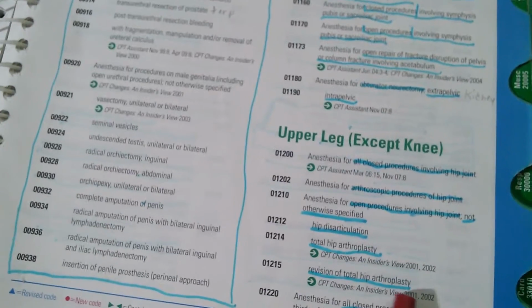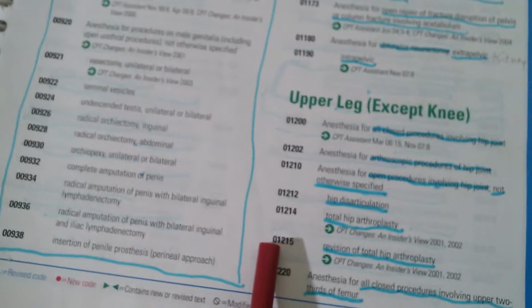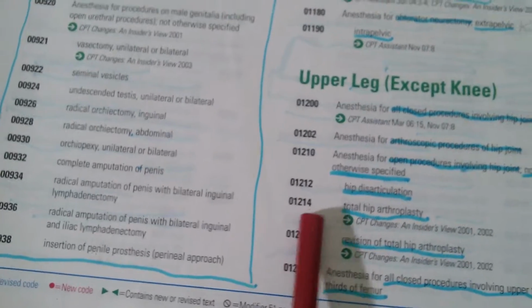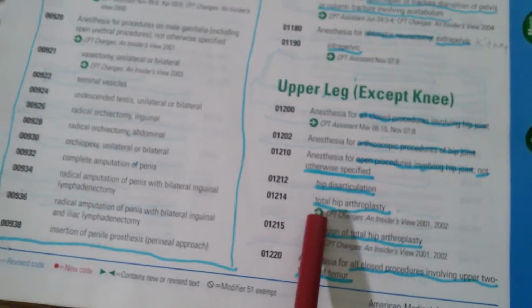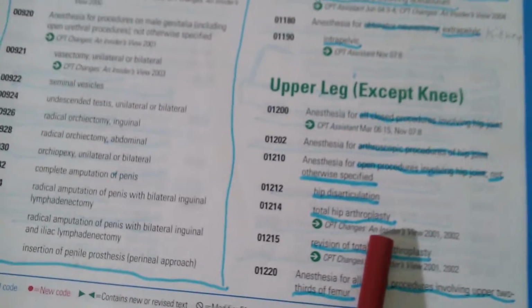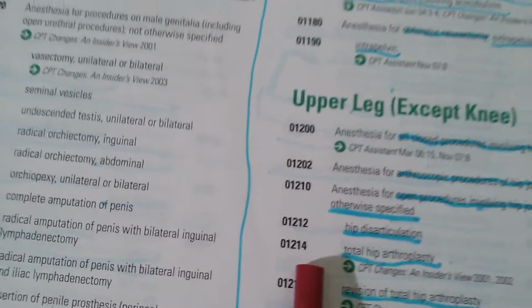So from analyzing these choices, you conclude that the 14 has to be the right one because it says total, and the word total is in our problem. That's the only one that has the word total. So the answer is 0112-14. Okay, so that's the whole process.